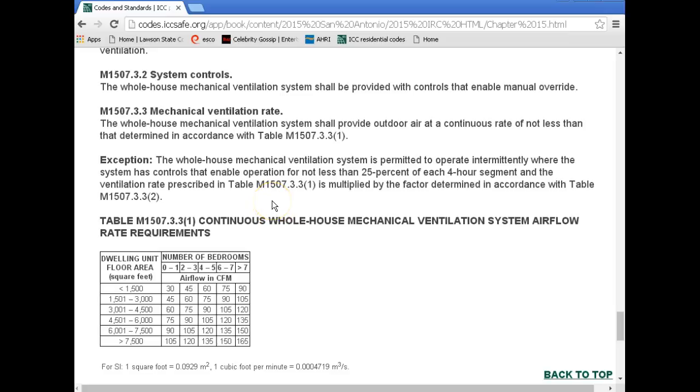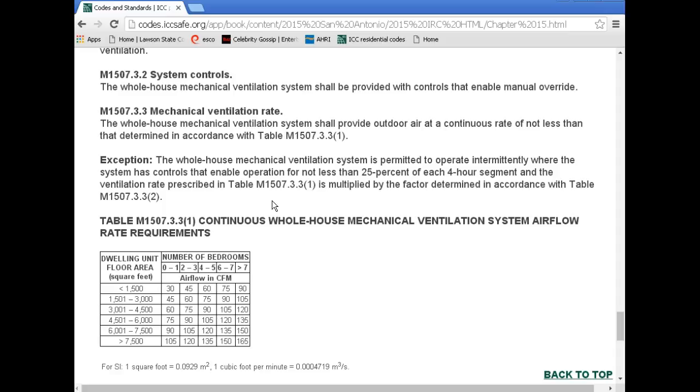Our exception under 1507.3.3. The whole house mechanical ventilation system is permitted to operate intermittently where the system has controls that enable operation for not less than 25% of each 4-hour segment.